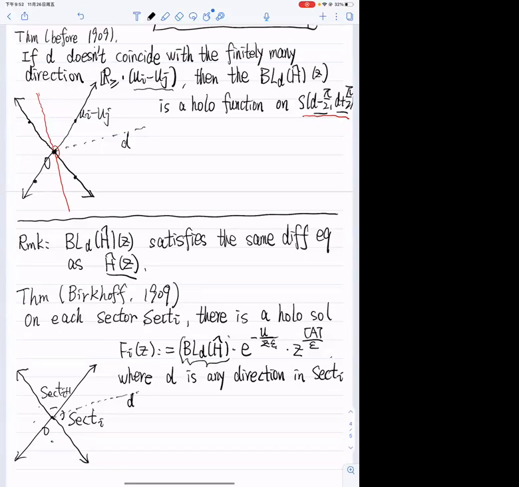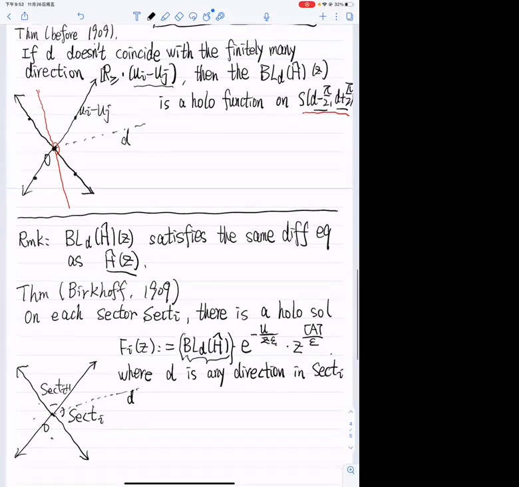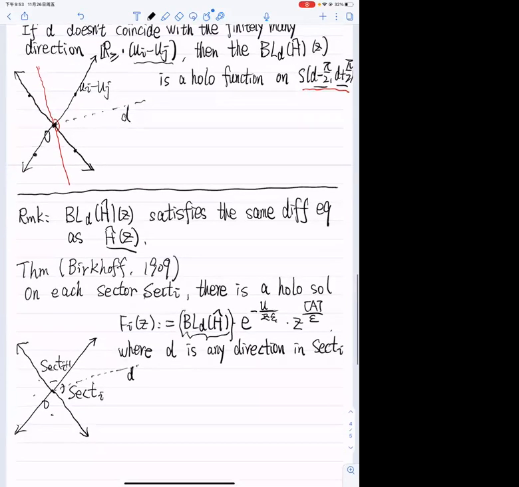And then after multiplying this function with a singular part, I get a holomorphic solution to the original linear system. So in this way, in each sector region, we construct a holomorphic fundamental solution to our system, but only defined on some sectorial region.